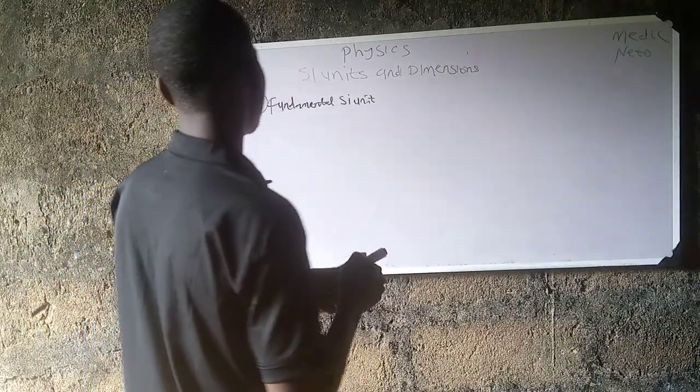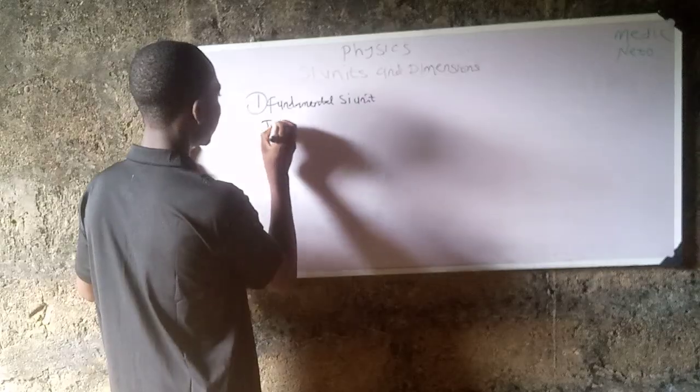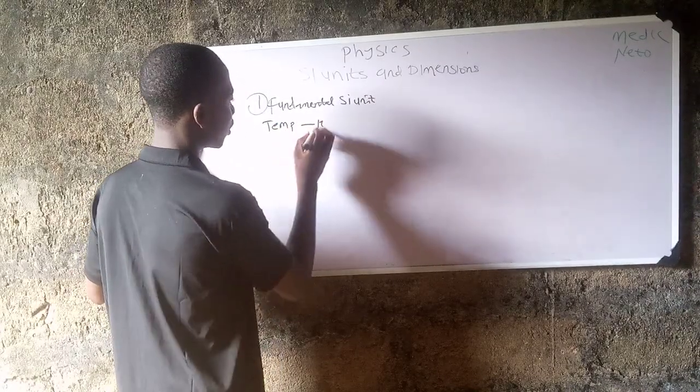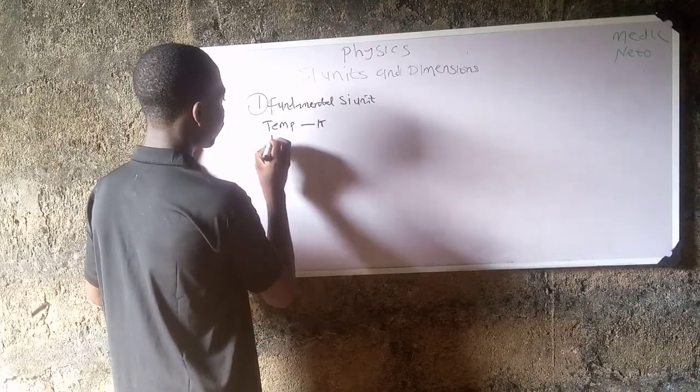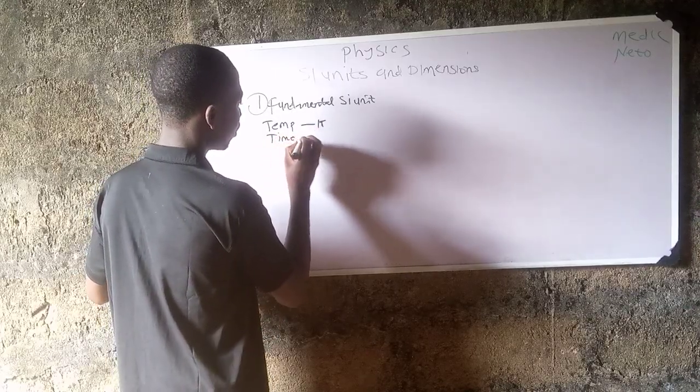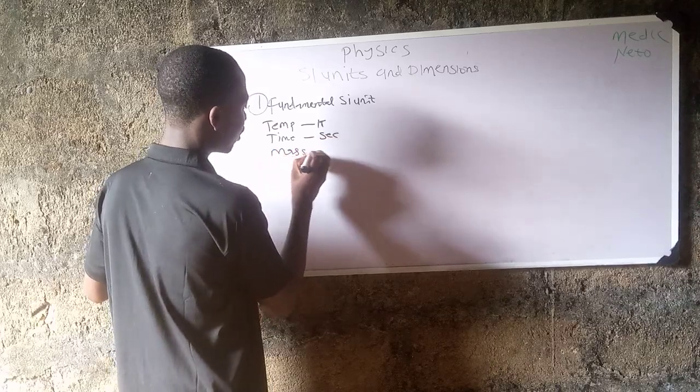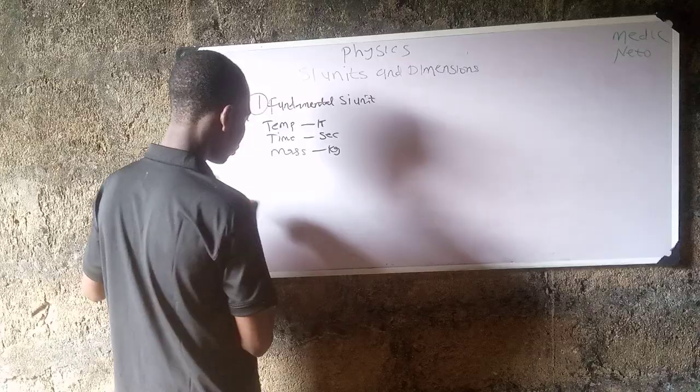There are just 7. We have temperature measured in Kelvin. We have time measured in seconds. We have mass measured in kilogram.